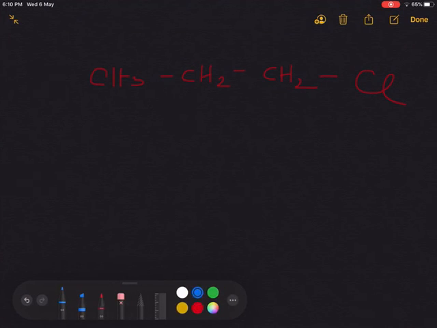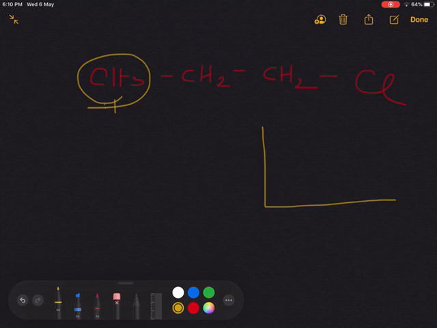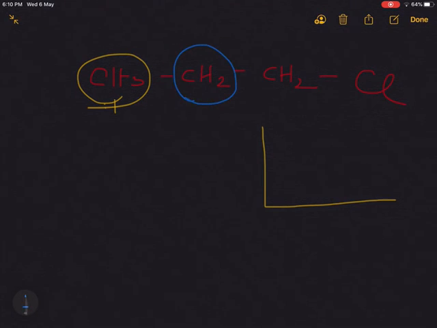So how many peaks in the NMR spectra of chloropropane? Number of peaks is equivalent to the number of different sets of protons. Here we have one CH3 group, and we have two CH2 groups.